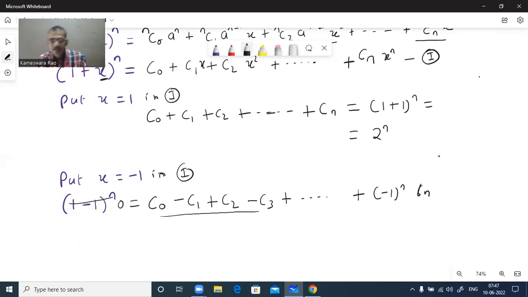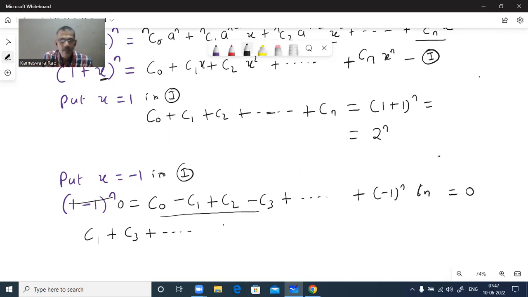Next, here we have terms minus C1, minus C3 and so on. You transpose them to the other side. Minus C1 transposed becomes plus C1, minus C3 transposed becomes plus C3, dot dot dot.